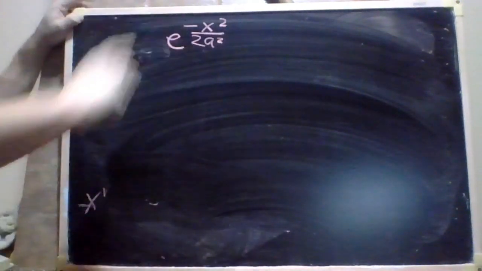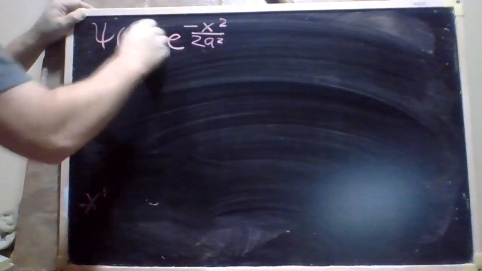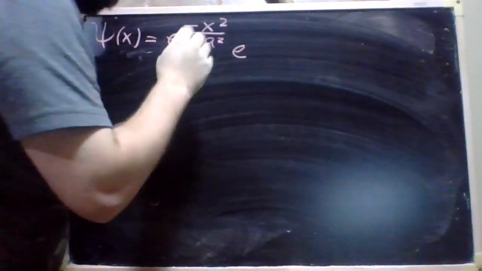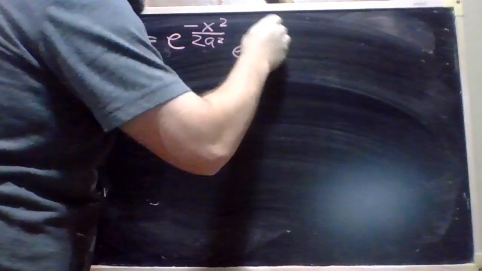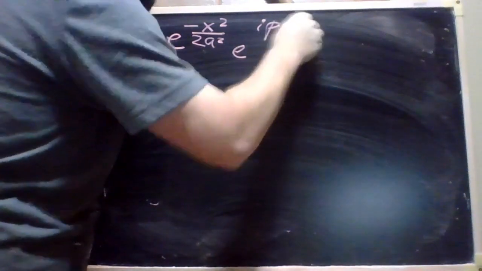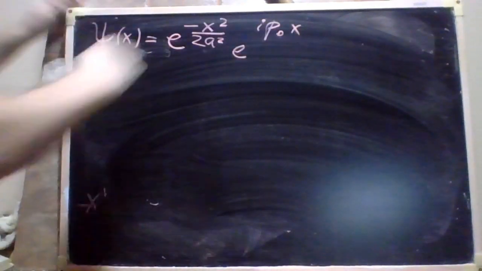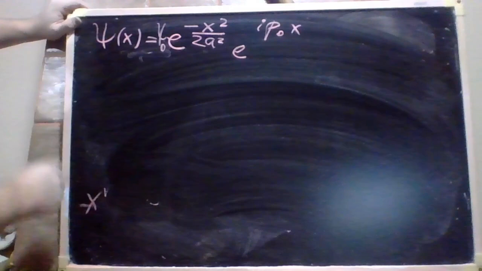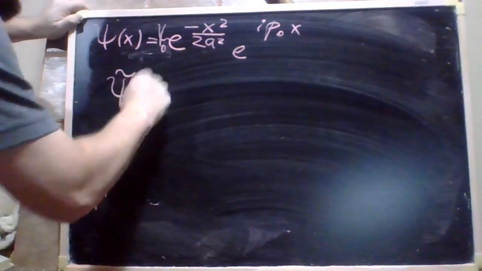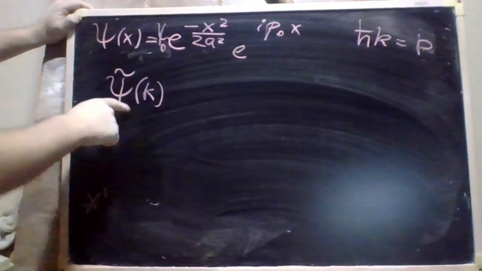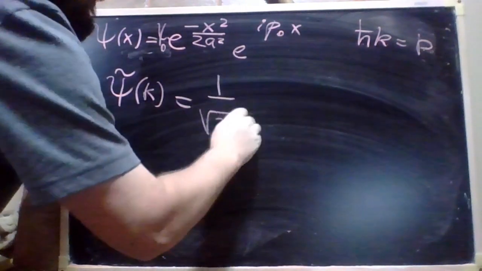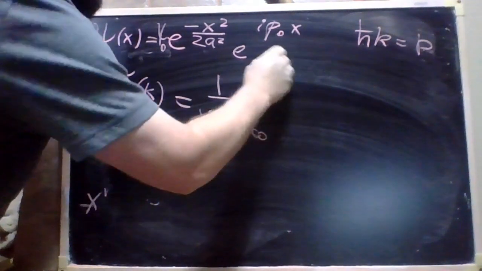So if your function has this form, and I guess I put in some value for the momentum, a p0 times x here. So if you want to transform this thing, there's a constant here. You need to find out what it is, I guess. But if you want to transform for momentum or for k, where h bar k is equal to momentum, so if you want the function with respect to k, you'll need to do this Fourier transform, the integral from minus infinity to infinity.